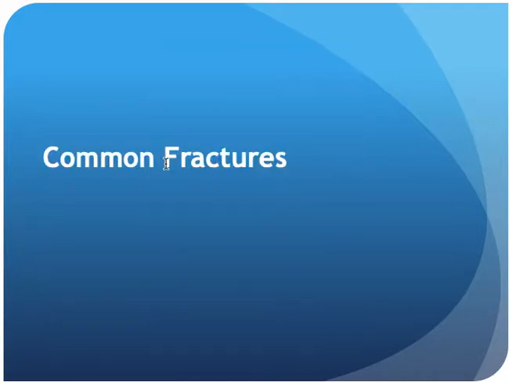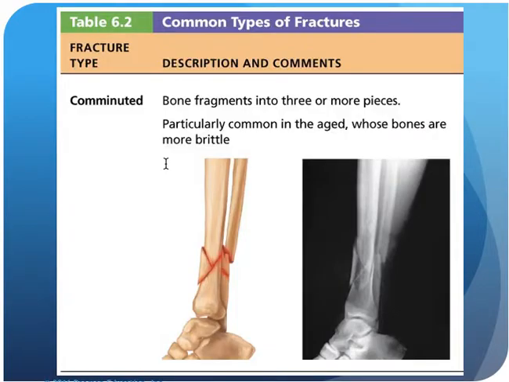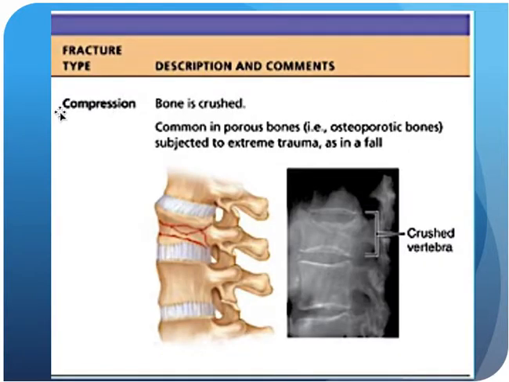Then we want to talk about some common fractures and make sure we know a little bit of the terminology. This would be a comminuted fracture, and the important thing to know about that one is that the bone fragments into 3 or more pieces. Comminuted fracture, 3 or more pieces. You get a compression fracture, where your bone is crushed.